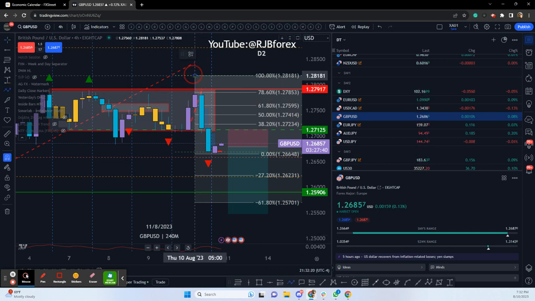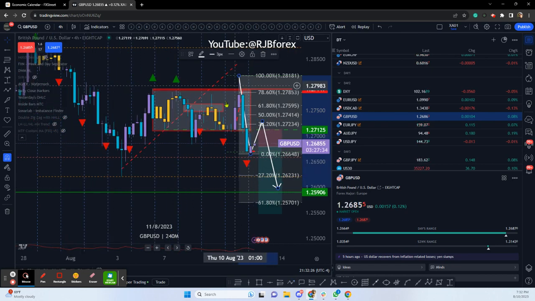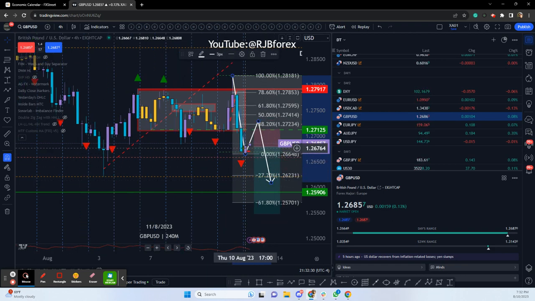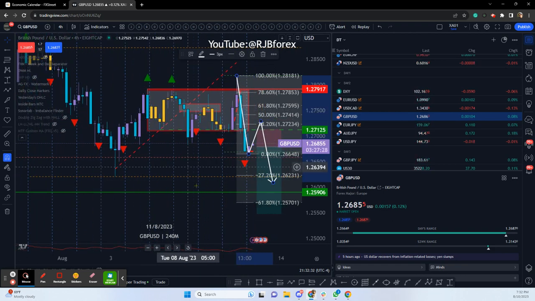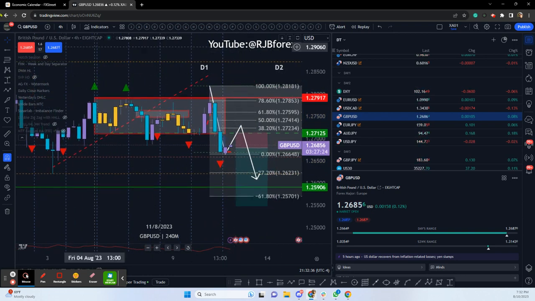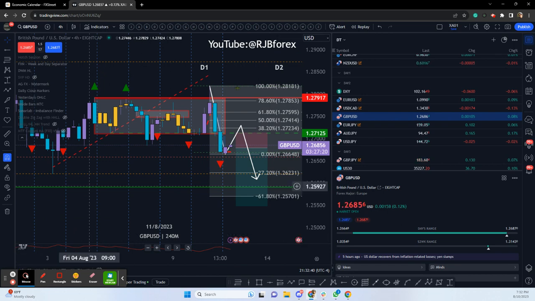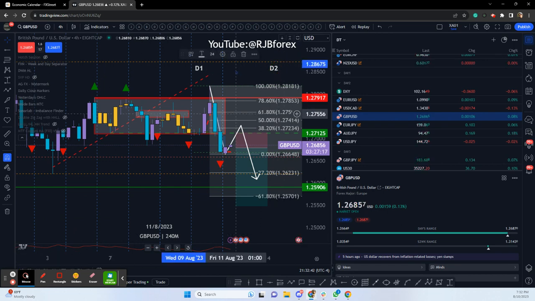So that's the impulse, looking for a correction, and then the downside continuation to potentially take out last week's lows to finish up the week on the back foot in terms of cable. So day 2 continuation thesis to sell up high.